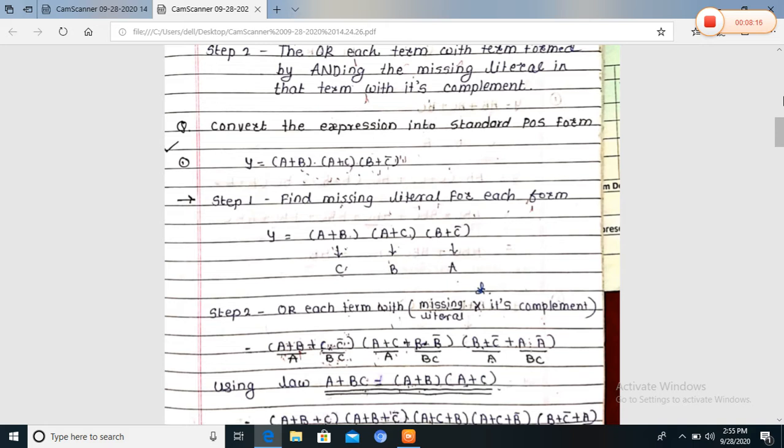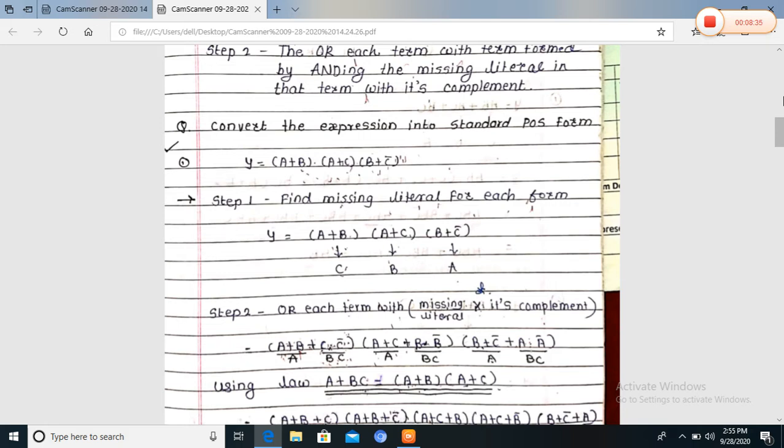Second term, A + C + B·B bar, with a plus sign after A + C, the missing literal B and its complement B bar.